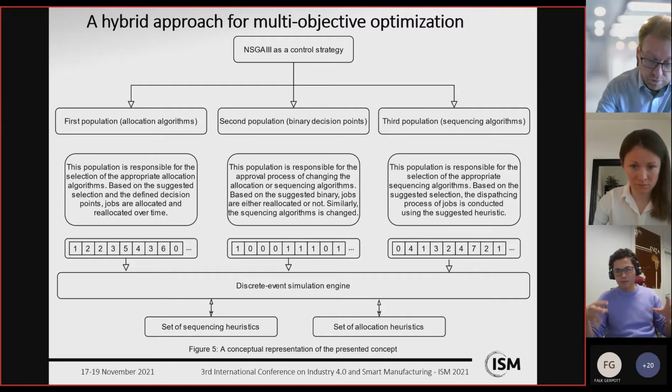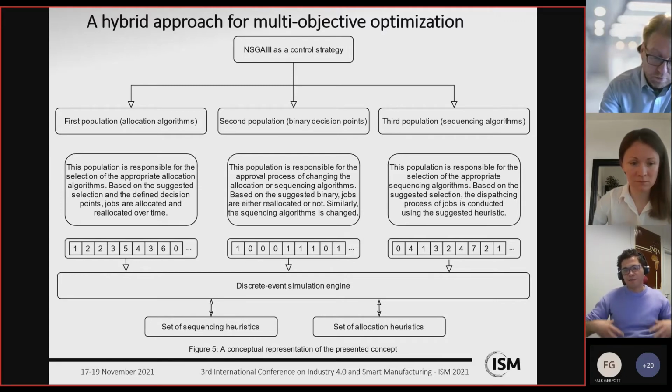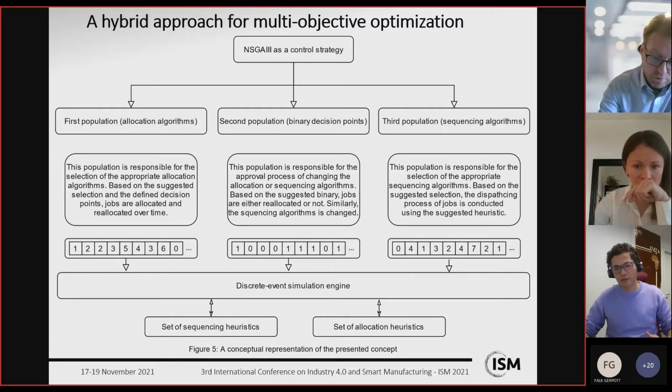All those three populations are shuffled over time and manipulated during the simulation to find very high quality solutions. Now, to evaluate that dynamic, we relied on discrete event simulation engines.